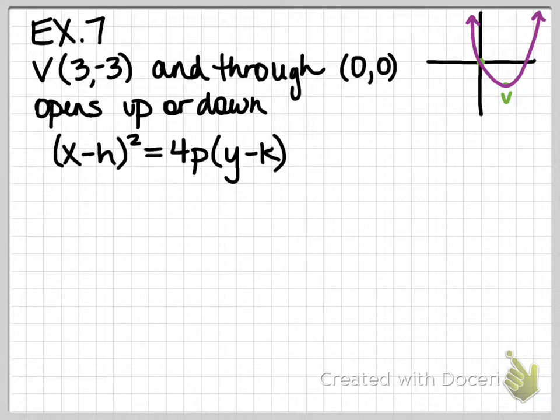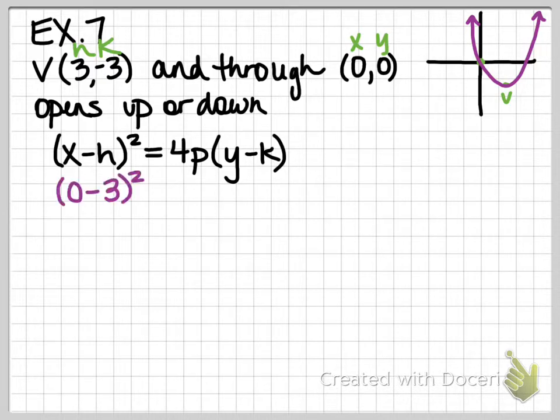So we need the vertex. We have it. That's our h, k. We don't know p. They didn't give us any information about the focus or the directrix. But we gave this point 0, 0, which is an xy coordinate. So I'm going to plug all 4 of these numbers into the equation and solve for the missing variable, which will be p.